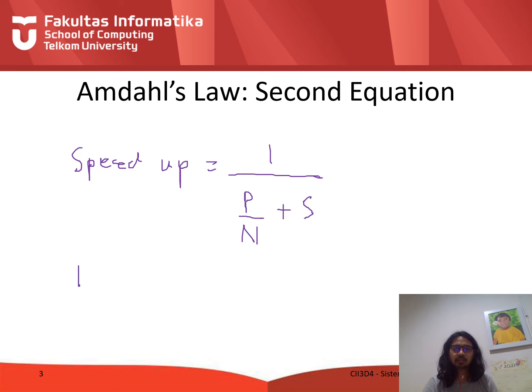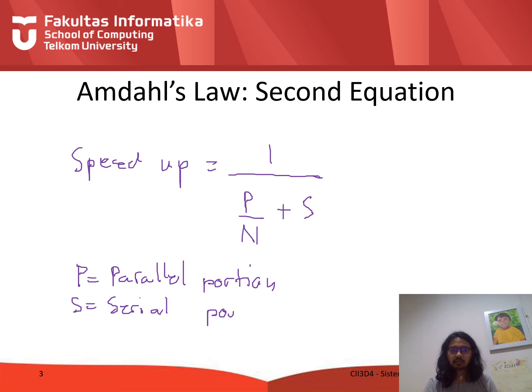So P is the parallel portion, S is the serial portion, and N here is the number of cores.